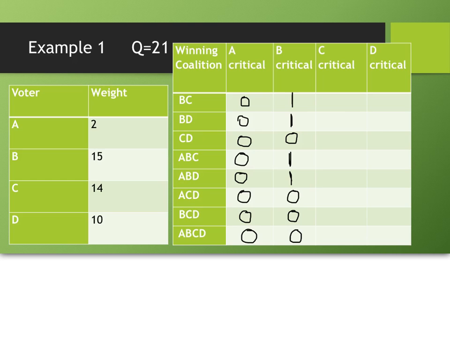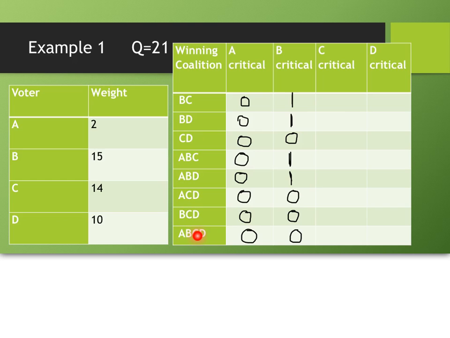Okay? So again, you go through this with every single voter. C is critical there because when I delete it, D doesn't work. A, B doesn't work, so C is critical there. C is critical here because AD does not work. C is not critical because BD does work.